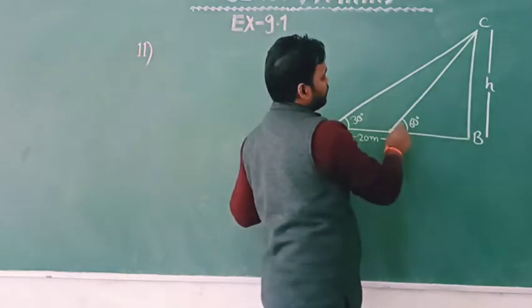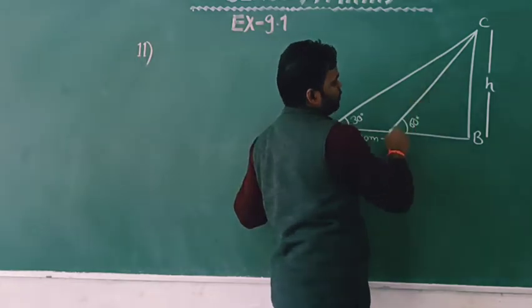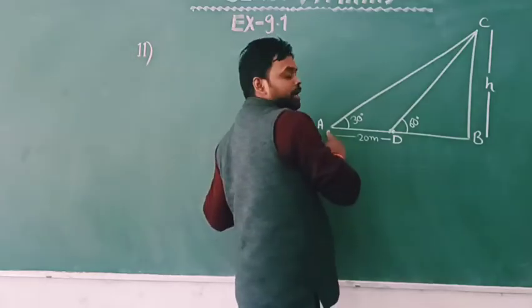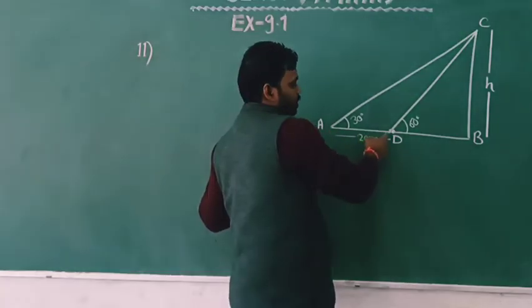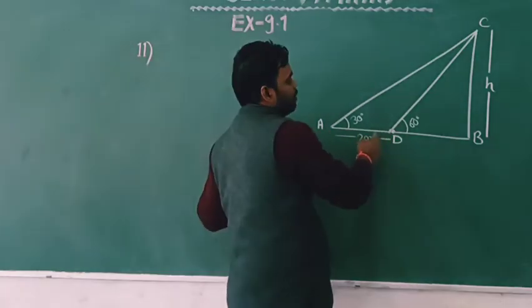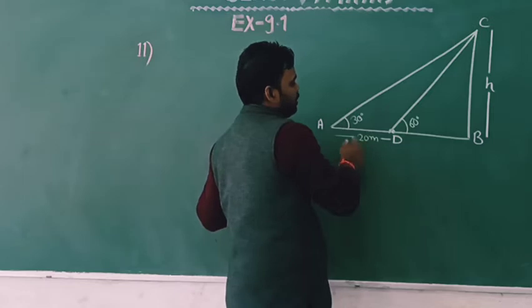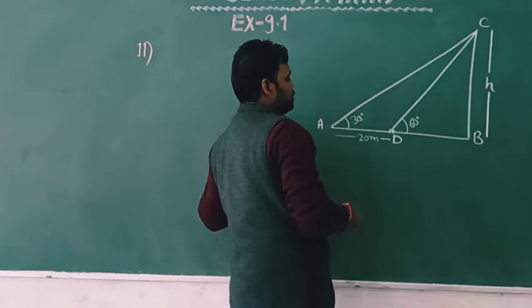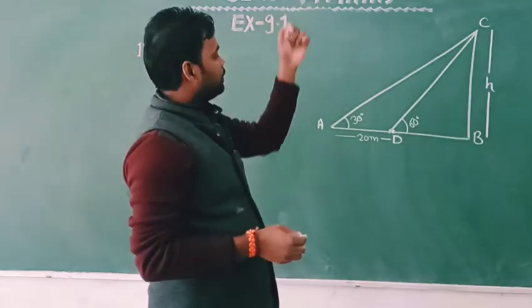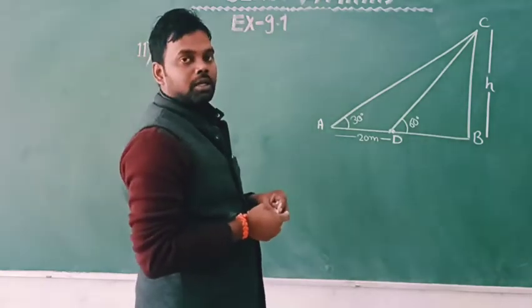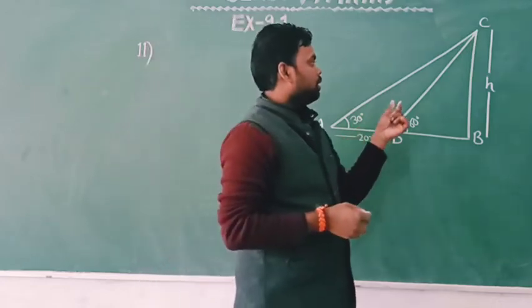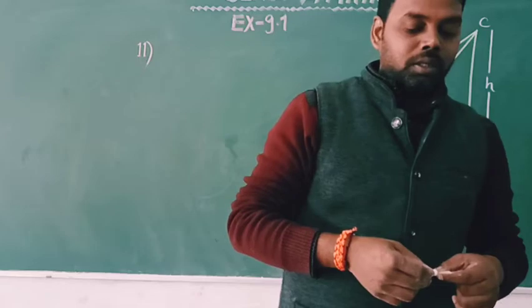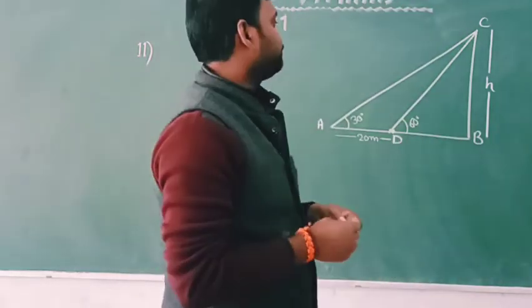From this bank, point D, the angle of elevation of the top of the tower is 60 degrees, and from another point 20 meters away, point A, the angle of elevation of the top of the tower is 30 degrees. Then we have to find the height of the tower and the width of the canal. Clear?